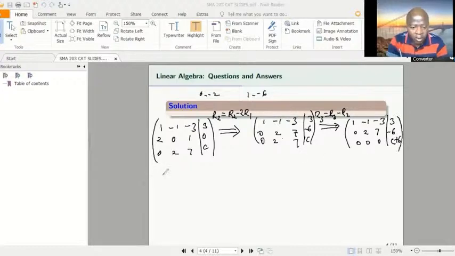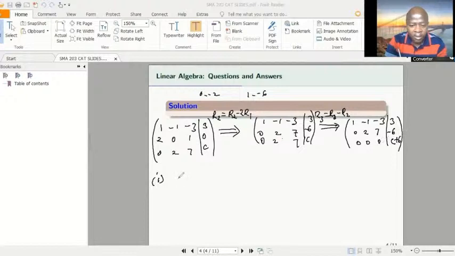Now, we've already reduced to echelon form. This is the echelon form. So the question is, what should be C so that this system that we're given will have infinitely many solutions? For it to have infinitely many solutions, we want 0, 0, 0 on the left side, and then 0 on the right side.